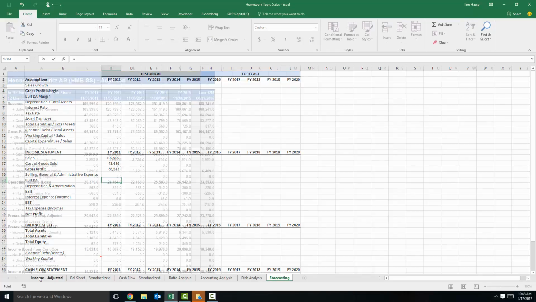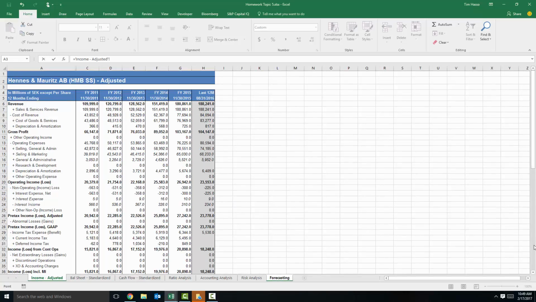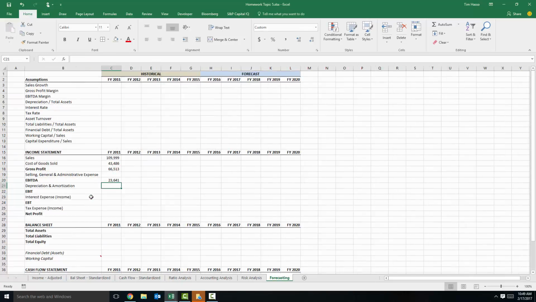I'd go to the income statement, and at the bottom of the section you'll see a bunch of reference items, and one of them is EBITDA, which is earnings before interest, tax, depreciation, and amortization. Effectively speaking, the difference between gross profit and EBITDA is the selling, general, and administrative expenses, which means that we can figure out what this is by subtracting these two amounts.